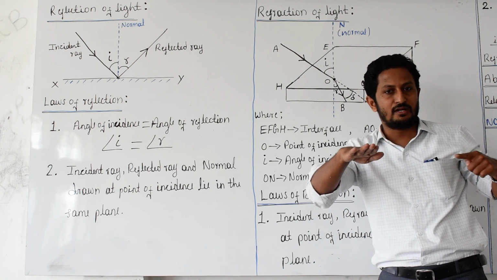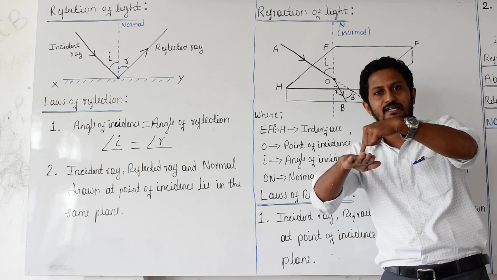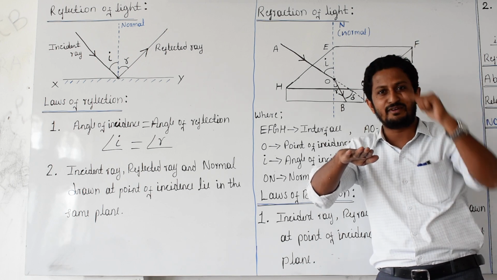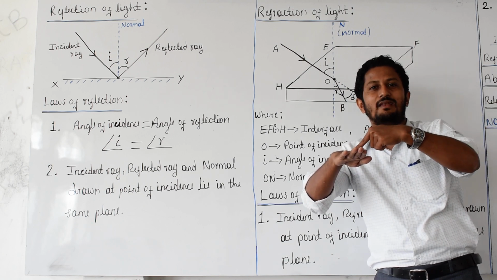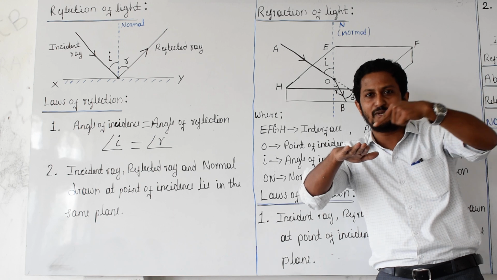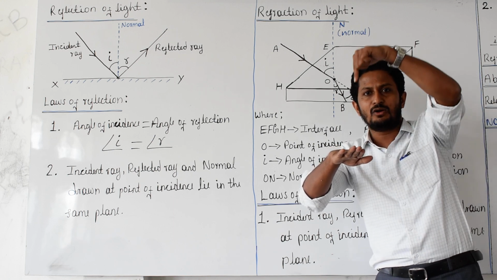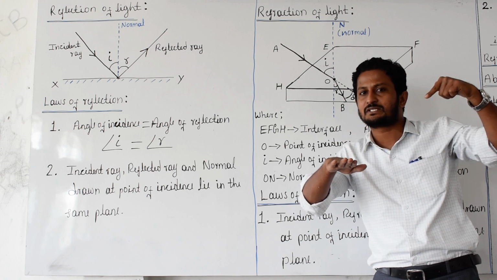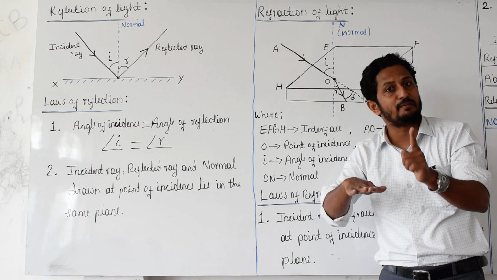Getting it? It should not come like this or like this. It should lie between these two lines. This is called oblique. This direction is oblique now. Why? It is not parallel, not perpendicular. Then it is called oblique.